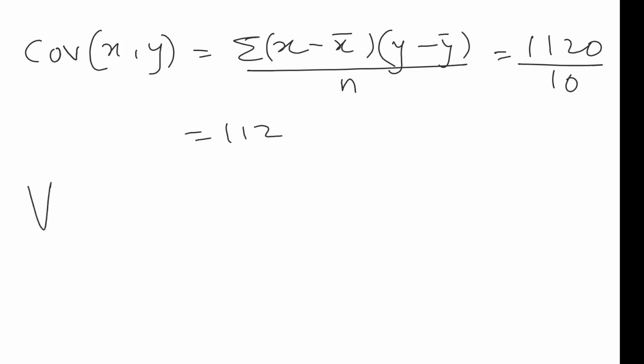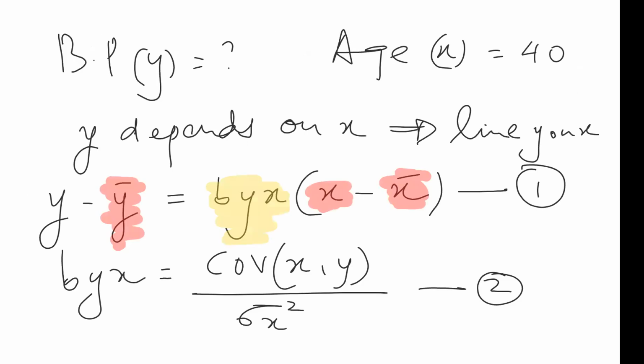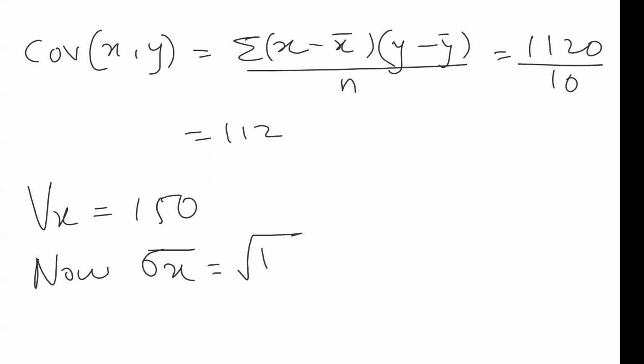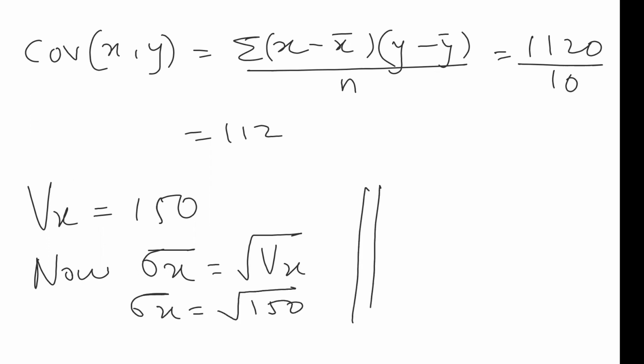Now we need the standard deviation of x square. So first we'll calculate variance of x. So variance of x is equal to, it's given to us, that is 150, right? No need to calculate variance. The variance value is already given to us. Standard deviation of x is equal to root of variance of x, which is root of 150, right?